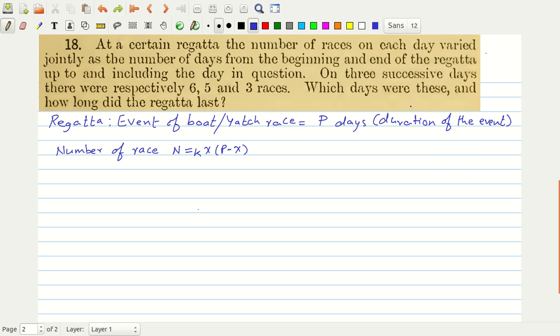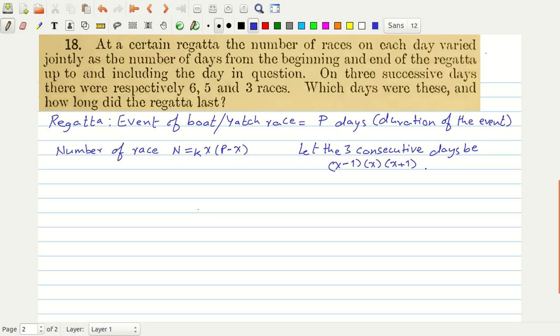Now, once we know this, we are given that on 3 consecutive days there were respectively 6, 5 and 3 races. So, let the 3 consecutive days be x minus 1, x and x plus 1.